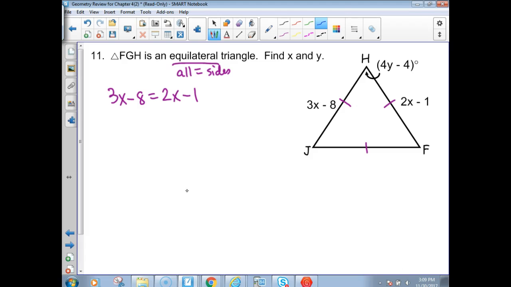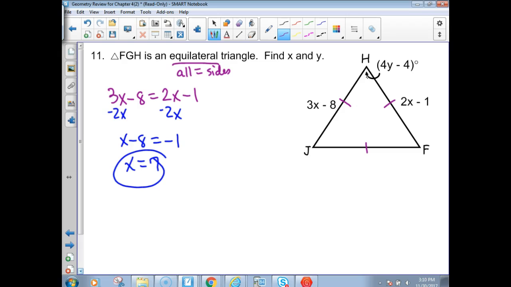Solve it? All better? So we got x minus 8 equals negative 1. All right, you got 7, then you solved correctly. Did anybody figure out yet what to do to find the y value? Now we're not talking about sides.